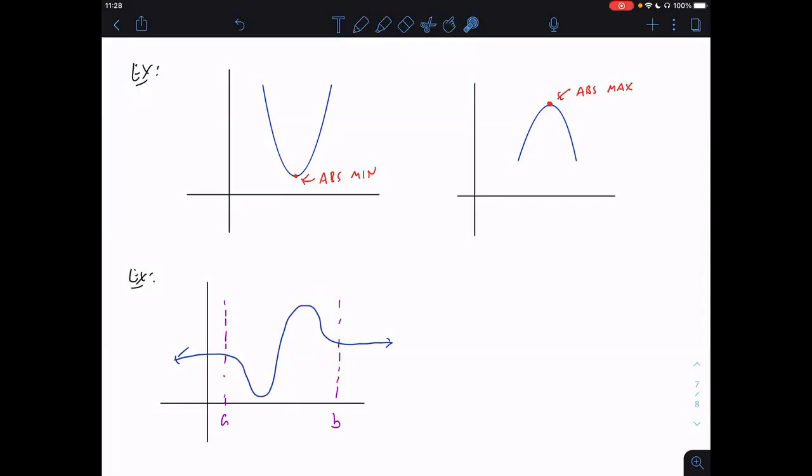And then the absolute maximum will be the highest point of this graph along this interval from A to B, which is going to be at these two critical points. So here we have our absolute minimum, and here we'll have our absolute maximum value of that function.